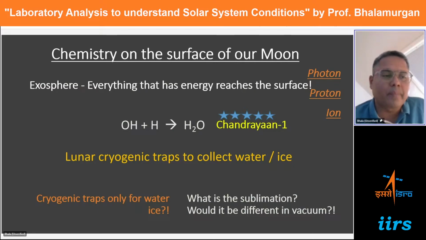It has enough energy to bind to the surface when the temperatures are low, to an extent that the vapor pressure of the molecules is very minimal, so they don't go off the surface, right?